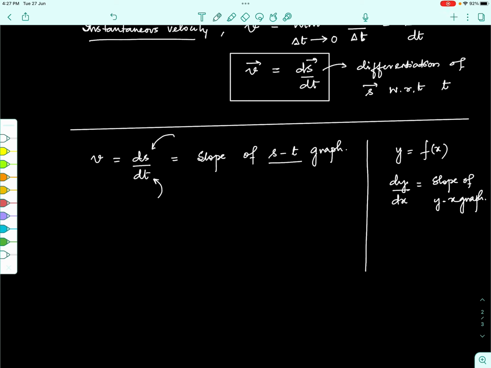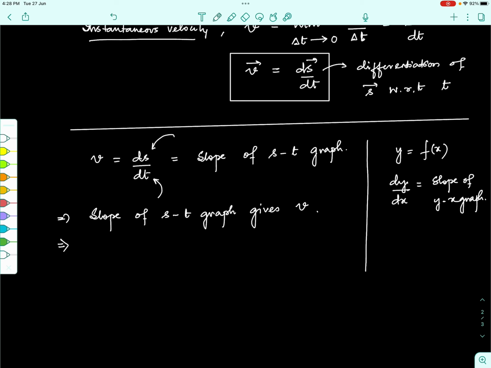So, the slope of the distance time graph, which is by definition ds by dt, will give us nothing but the speed. This is an important result that we get from here. What is the result? The slope of the distance time graph gives the instantaneous speed v, and the same result will follow for velocity as well.